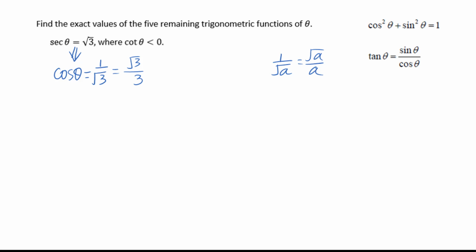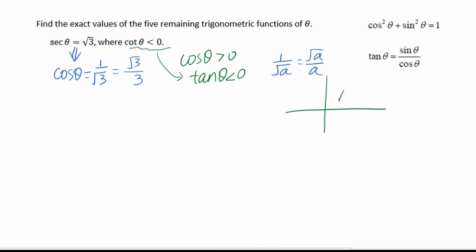We know cosine theta greater than 0 and cotangent theta less than 0, which means tangent theta less than 0. So we will draw this. All Students Take Calculus.